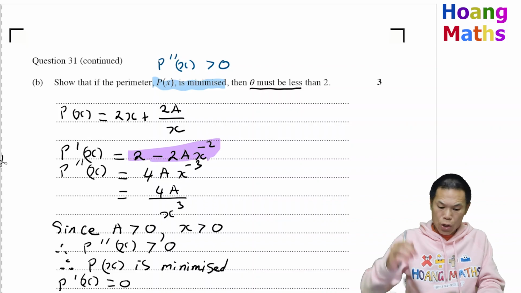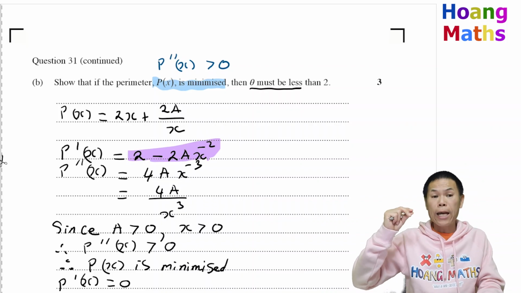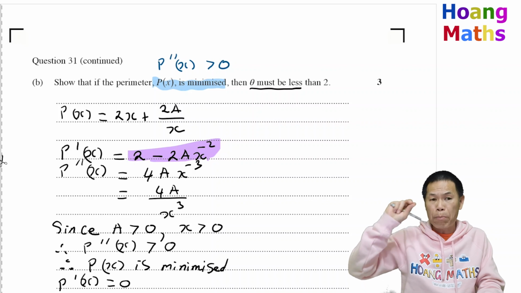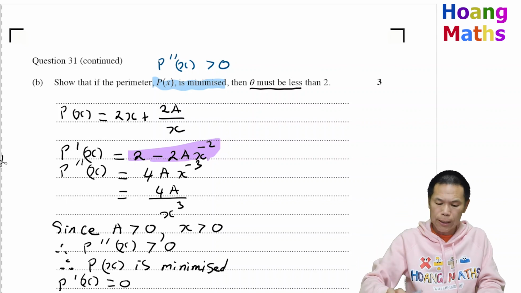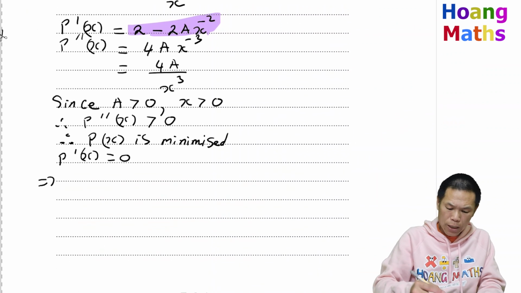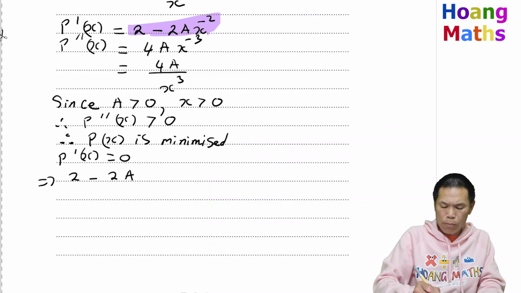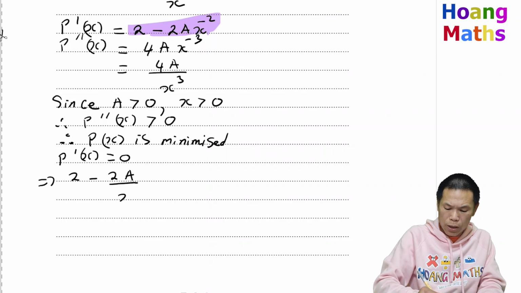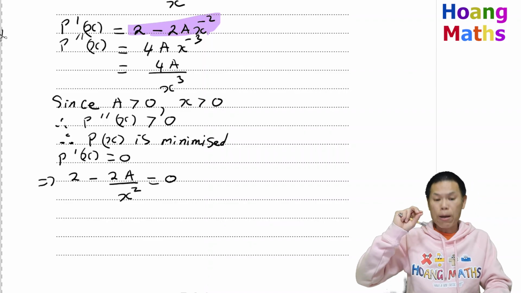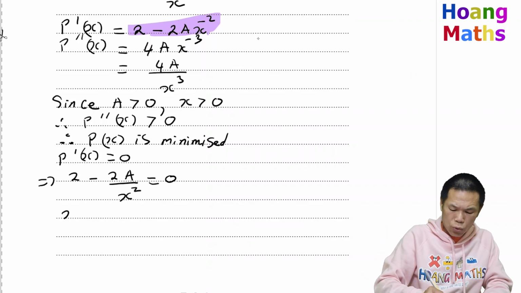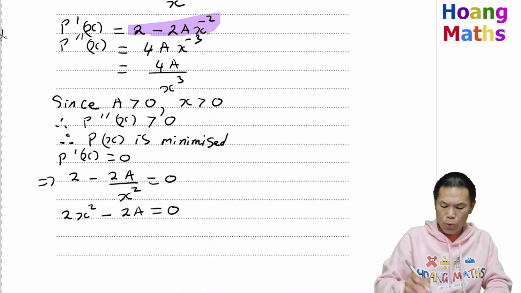So that means 2 minus 2a x to the power of negative 2 is equal to 0. But x to the power of negative 2, I bring it down first, becomes positive indices. Okay, keep that in mind. So that is 2 minus 2a over x squared is 0. If I times x squared on both sides, this will give me 2x squared minus 2a is 0.